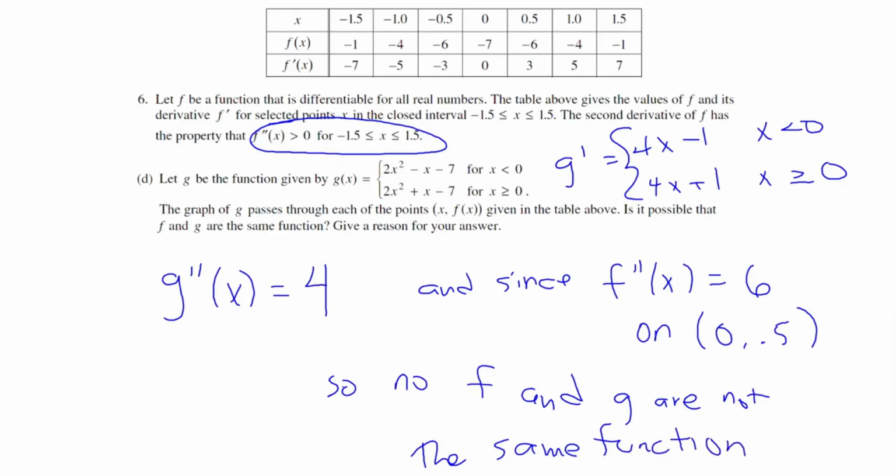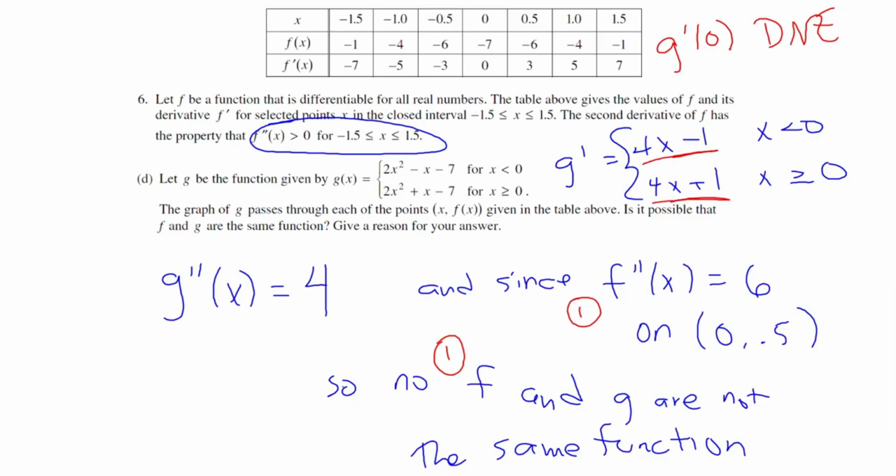Now, another option here would be to note that our derivatives, so this was one option, right? We got 2 points if we did this, so no with our reasoning. But another thing to note would be that g prime of 0 doesn't exist, because if I plug in 0 to each of these, for the top one I get -1, and for the bottom one I get +1.